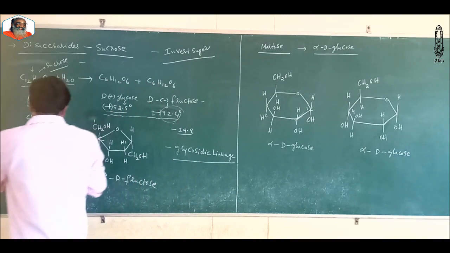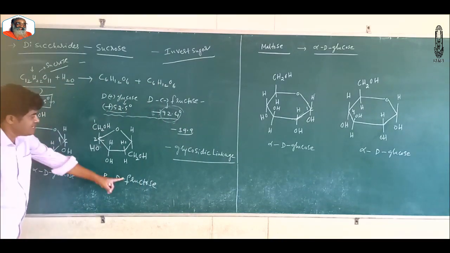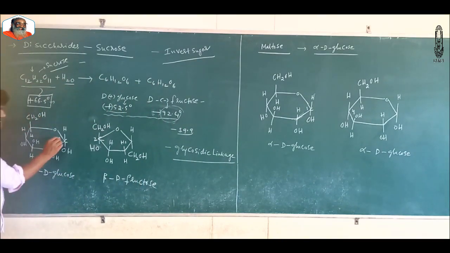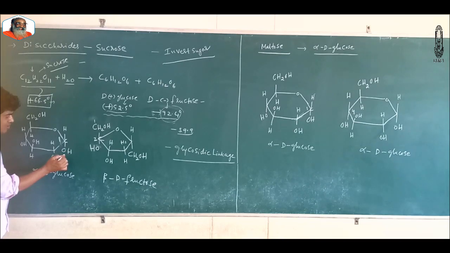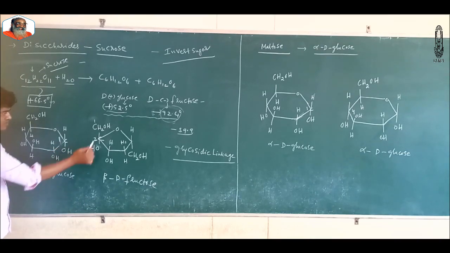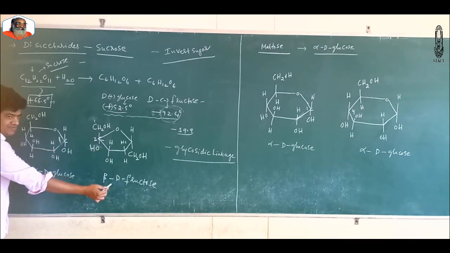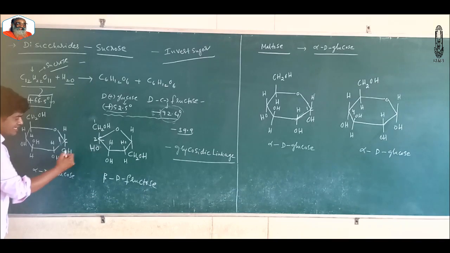Here, if you see, this is alpha D glucose, beta D fructose. There is a loss of water molecule from the first carbon of alpha D glucose and the second carbon of beta D fructose. Thereby these 2 are linked with each other by an oxygen atom.